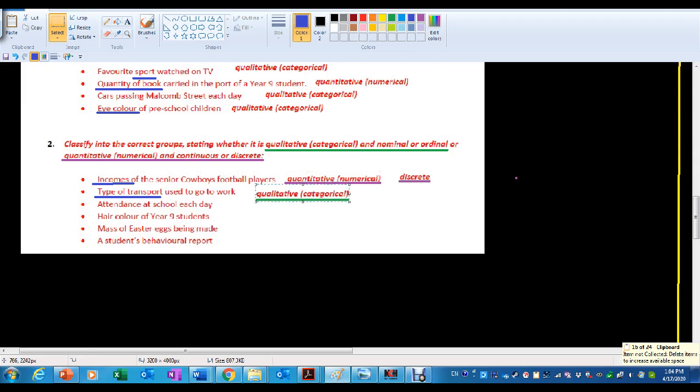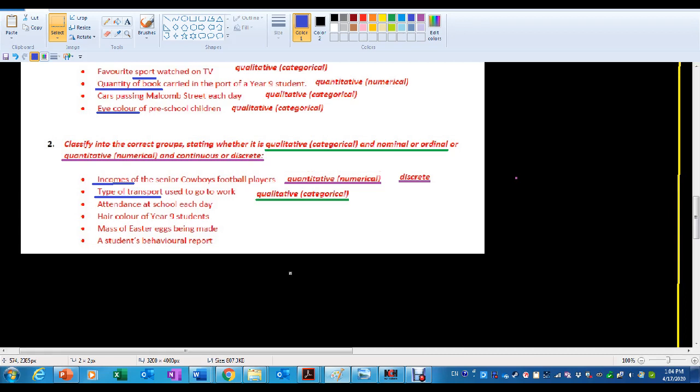But it's not finished here. They are qualitative, but under qualitative, are they nominal or ordinal? Remember, nominal is just names of things. Ordinal, you can do a ranking or ordering.